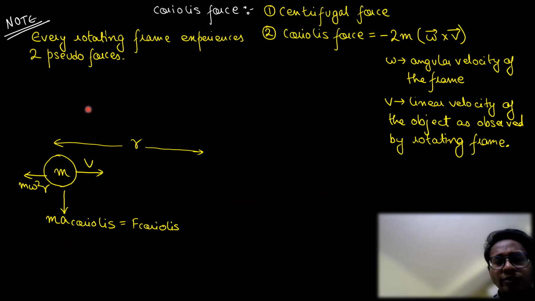You'll observe that it is rotating in a circular orbit about this camera with velocity v. Now this v depends upon omega and r, where r is the distance from the axis of rotation, v equals omega into r.